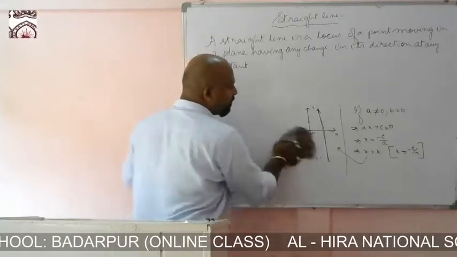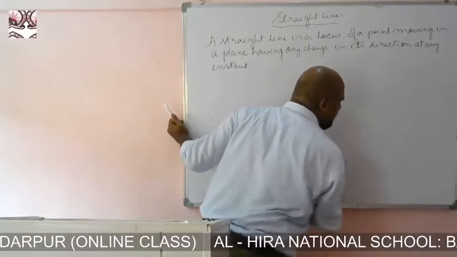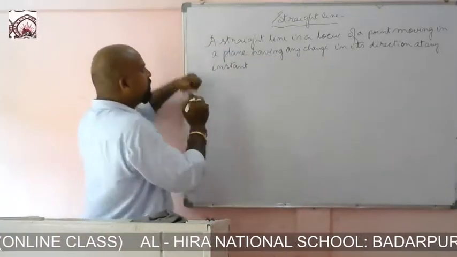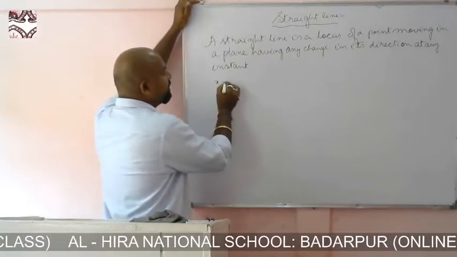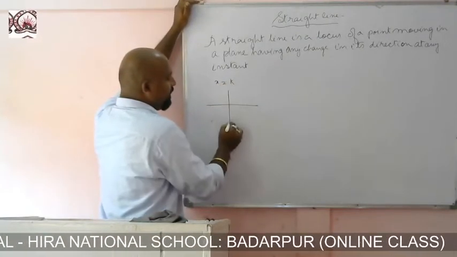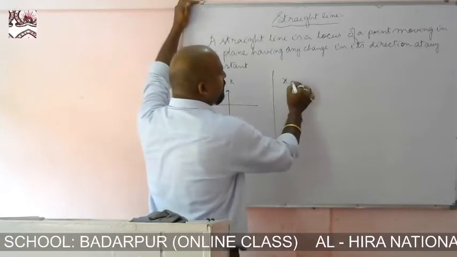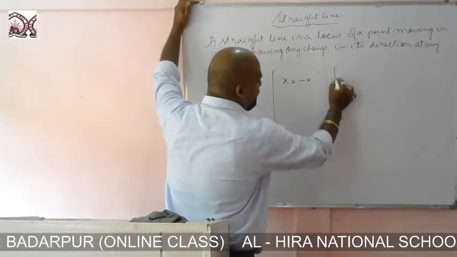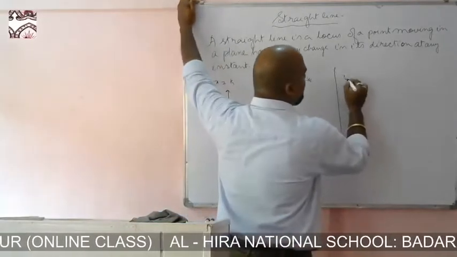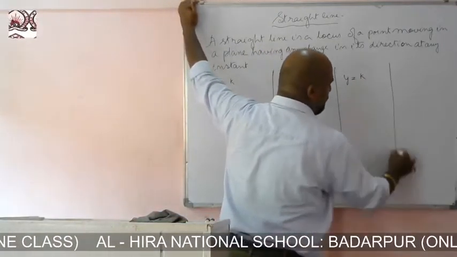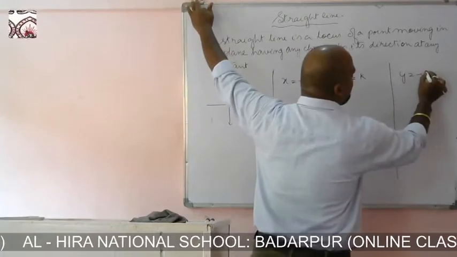So what can we conclude from here? We can conclude that if x = k, this will be a line. If x = -k, and if I take another case, y = k and y = -k.